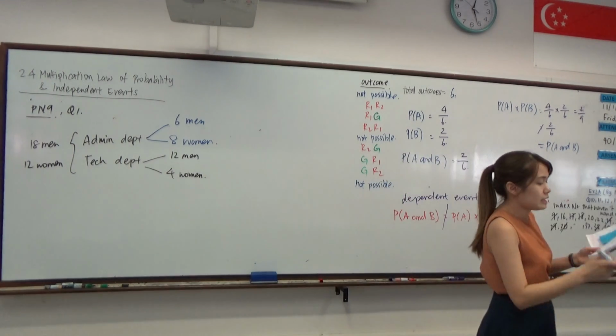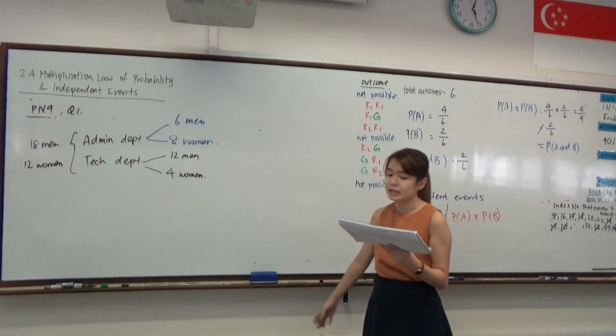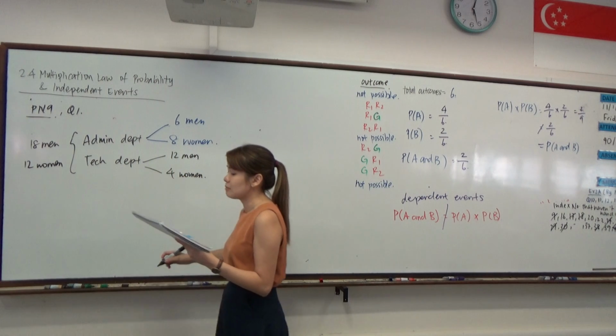So in this case, the chairman and the chairwoman are selected at random from the entire company. We want to find the probability that both the chairman and chairwoman are from the technical department.